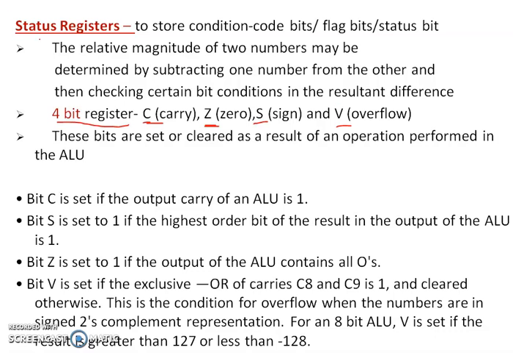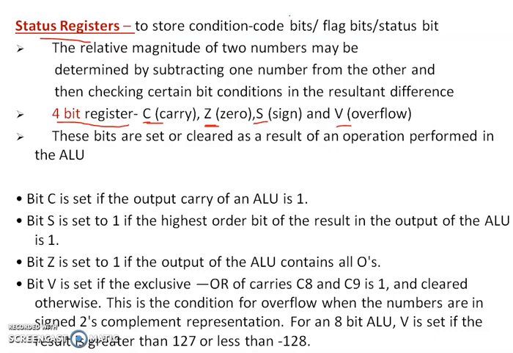What is the purpose of the status register? In order to store these condition code flag bits, we make use of the status register. It is used to monitor the results obtained during arithmetic operations.